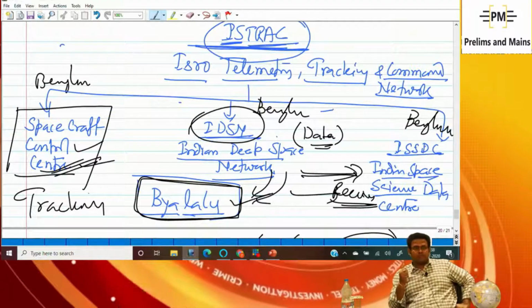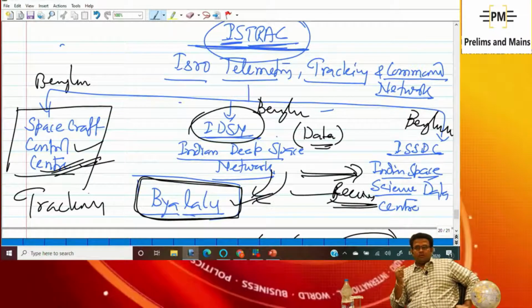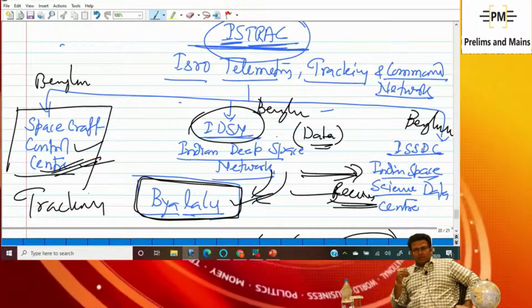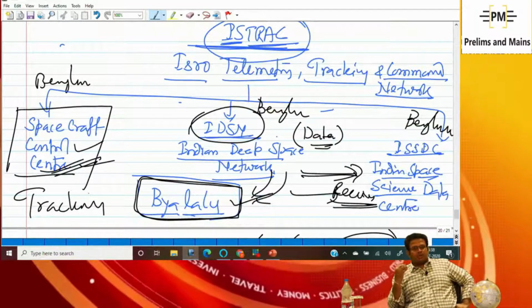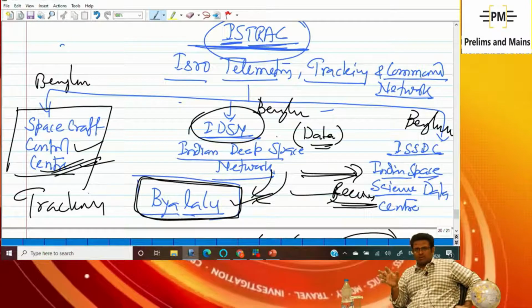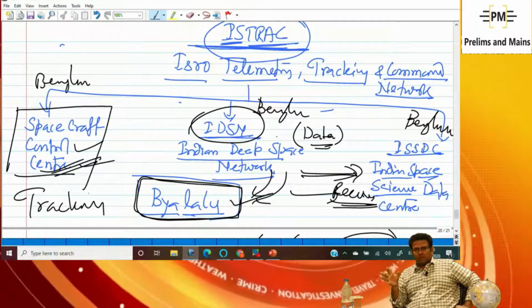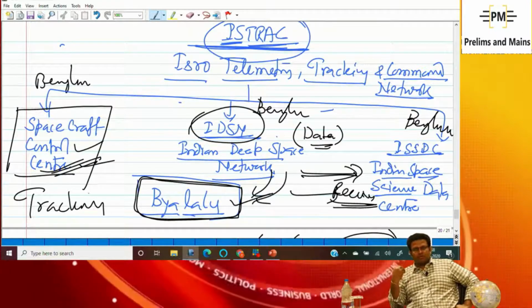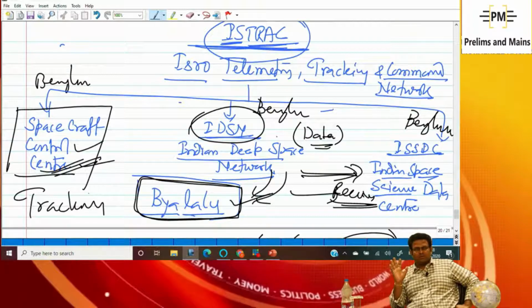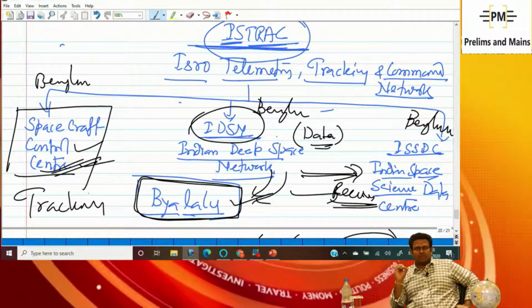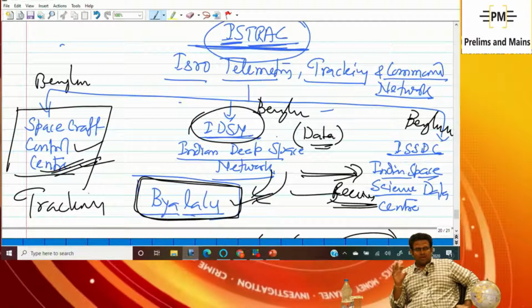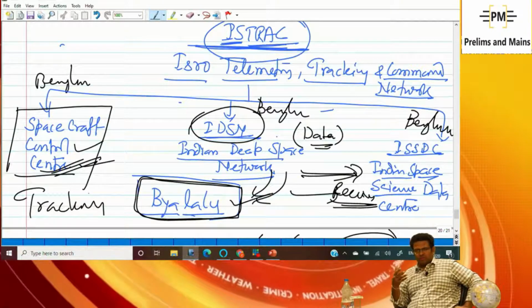Where the climate throughout the year is supposed to be good. Clear, that much I can say now. And that is also near the equator.